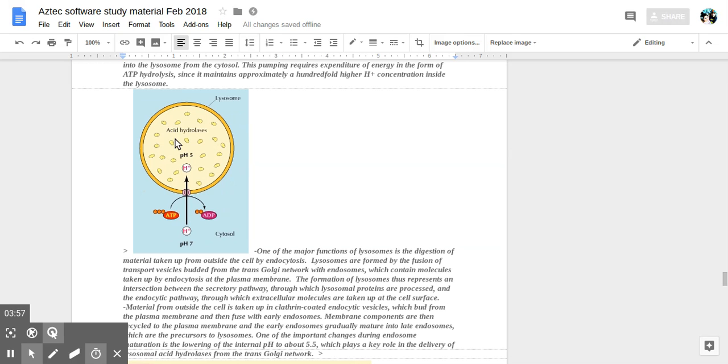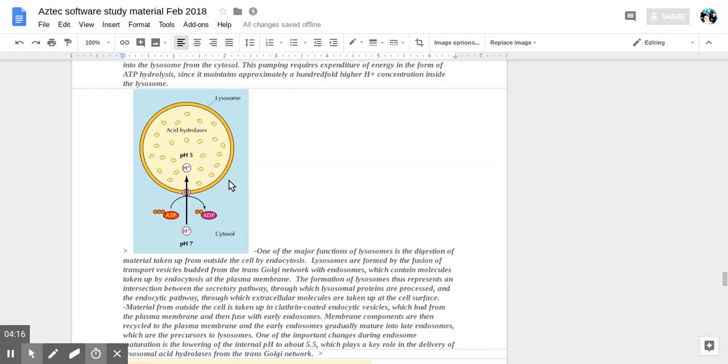The pumping requires expenditure of energy in the form of ATP hydrolysis since it maintains approximately 100-fold higher hydrogen concentration inside the lysosome than on the outside of this organelle.